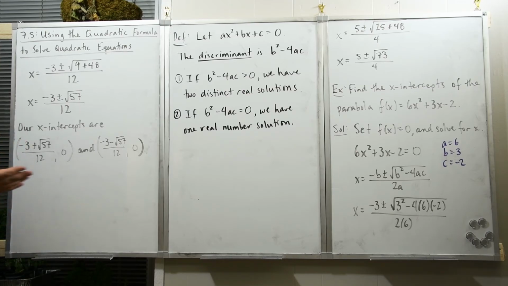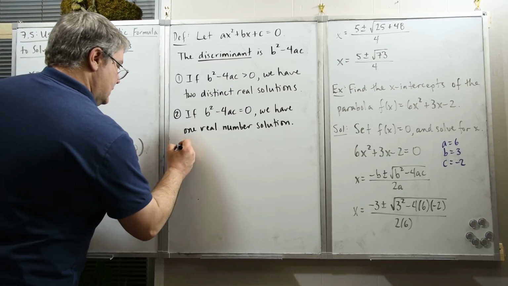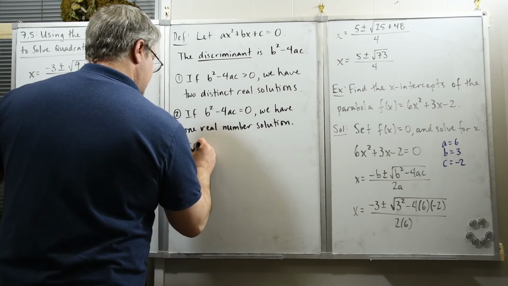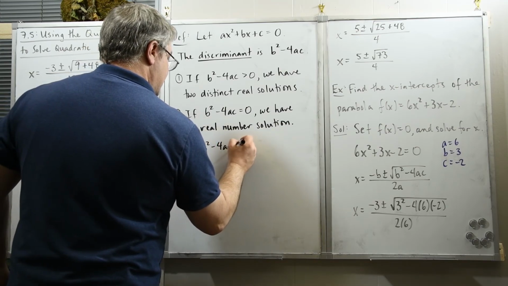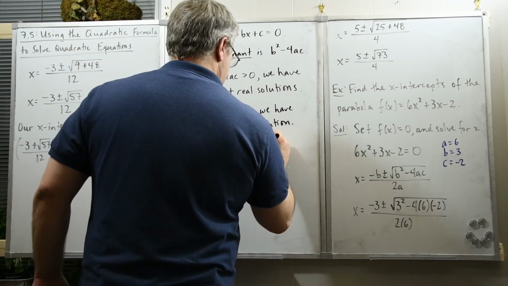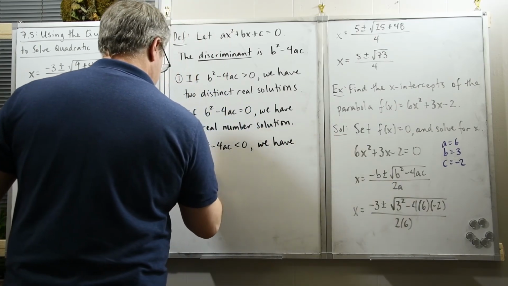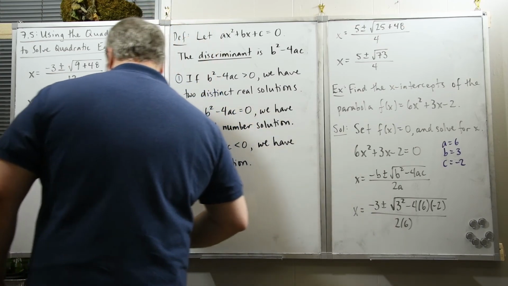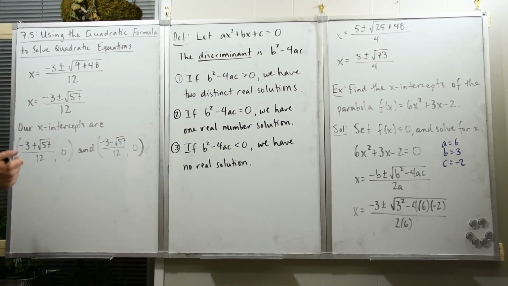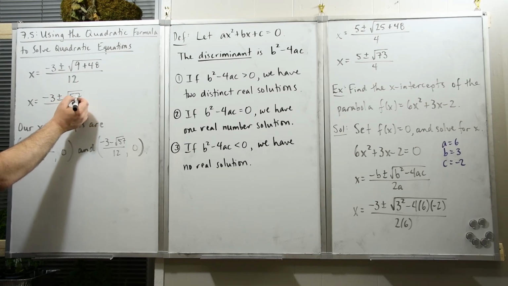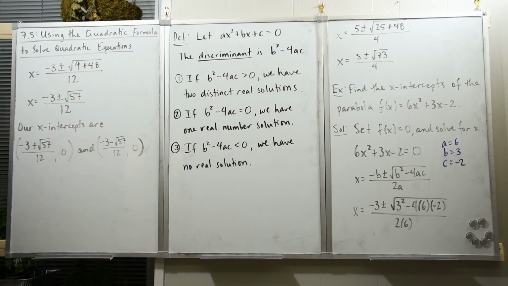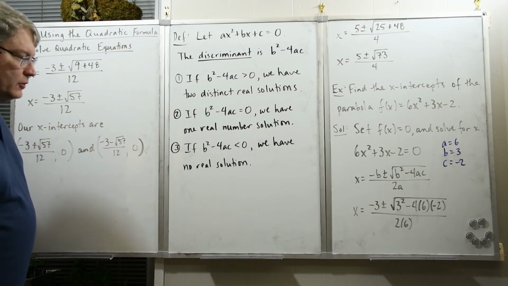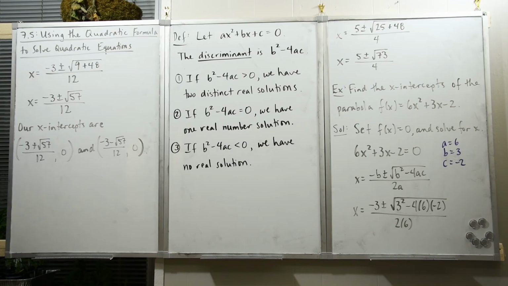So we really just get two copies of the same real number solution in that case. And then finally, if b squared minus 4ac is less than 0, we have no real solution. That would be because we would have the square root of a negative number here, and that's not a real number. So we would get what are called two imaginary solutions instead of real solutions.